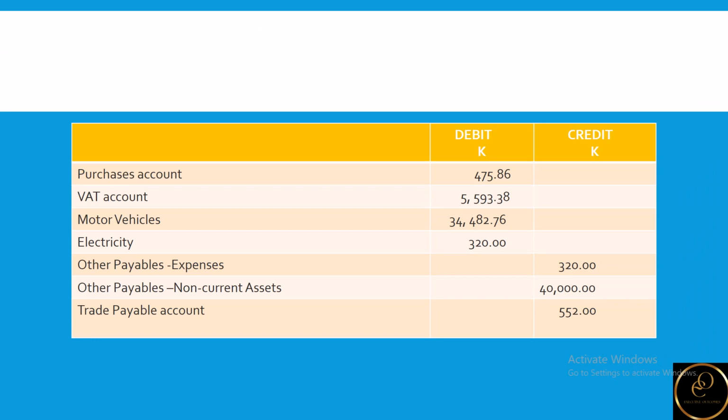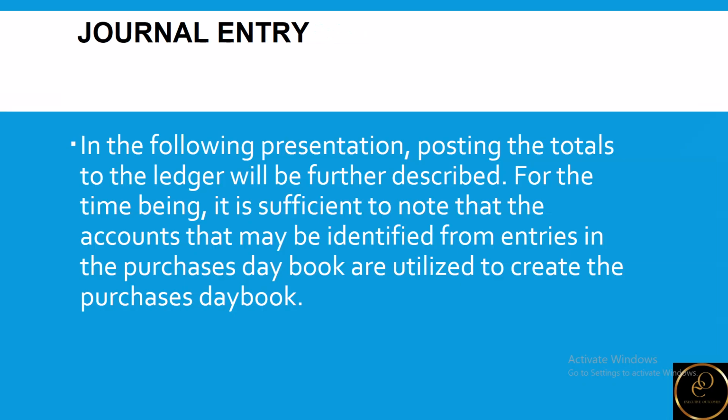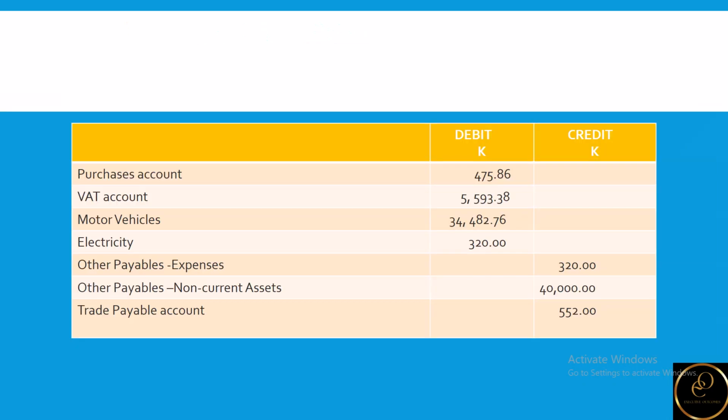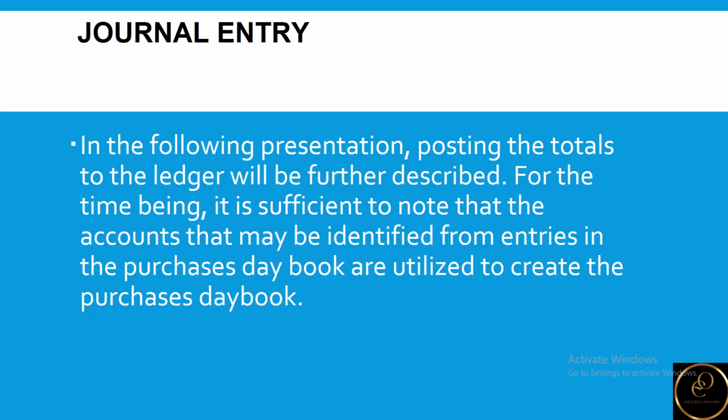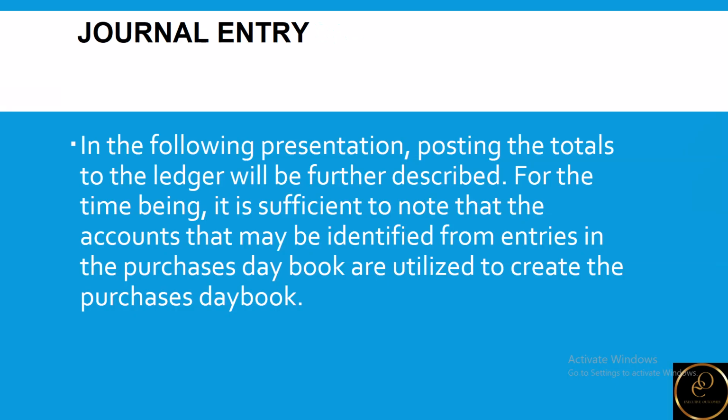So we pick the purchases account from trade payables total, which is 475. That is going to be what our purchases account is going to reflect. We also pick our VAT liability to the Revenue Authority, which is 5,593 kwacha 38 ngwe.